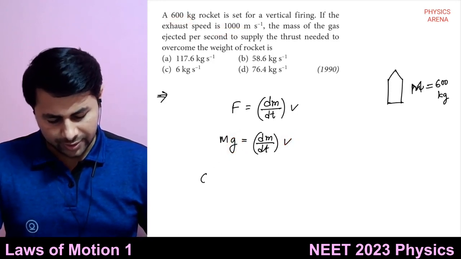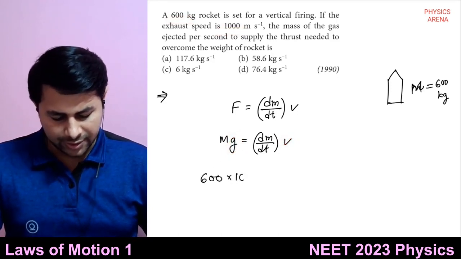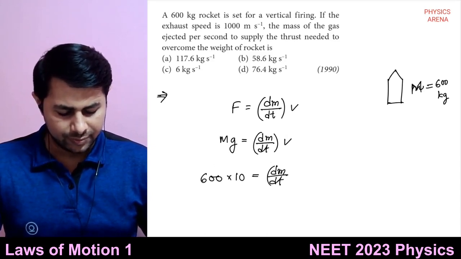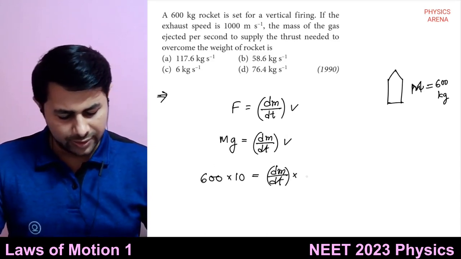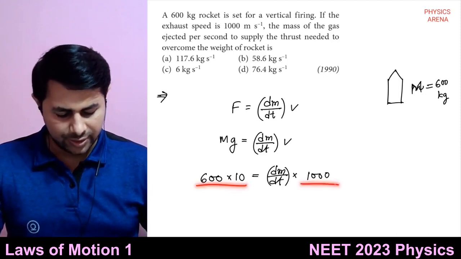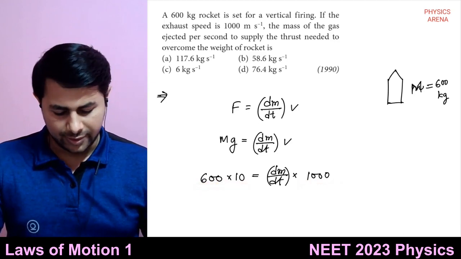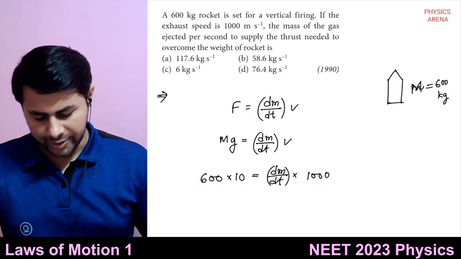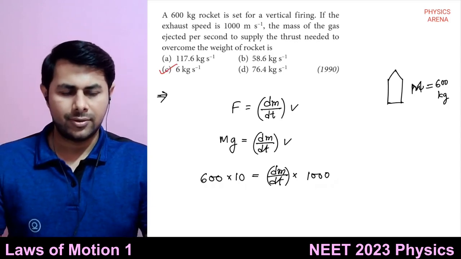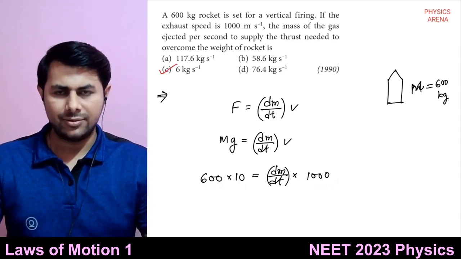Mass is 600, G is 10, and we want to find out dm by dt. What is V? It's 1000. So 6000 divided by 1000, that is 6 kg per second. This is the answer. Okay, this is clear. Yes, sir. Okay, good.